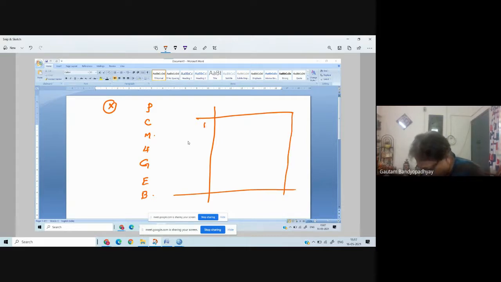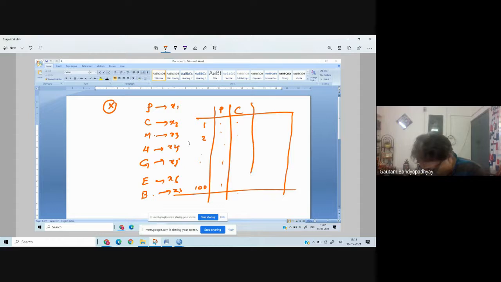Say there are 100 students, and this is physics. Physics is say one variable, x1, chemistry x2, mathematics x3, this is x4, x5, x6, and this is x7. So these are the marks: the physics marks of 100 students, chemistry marks of 100 students, and so on. And these are the 7 subject marks.